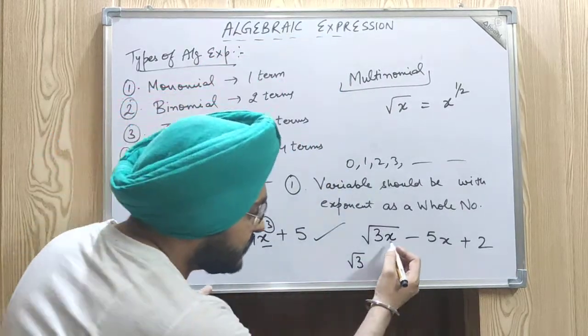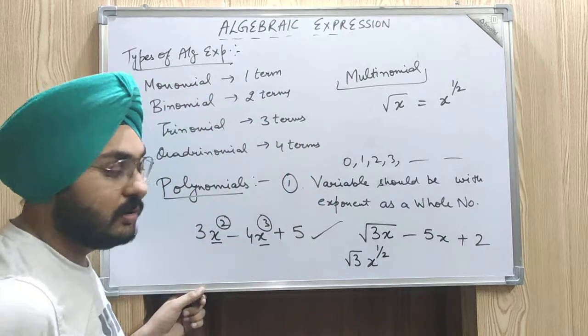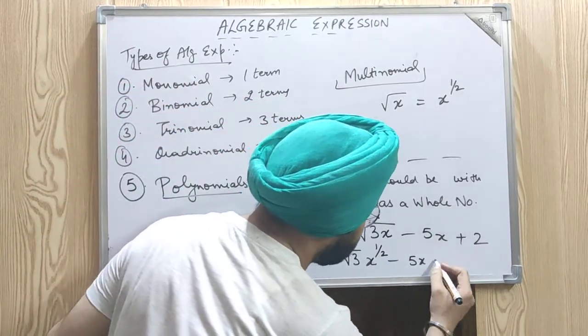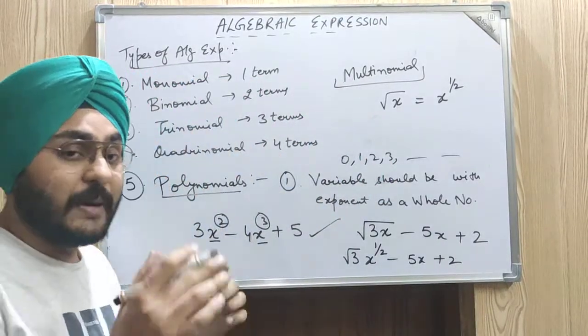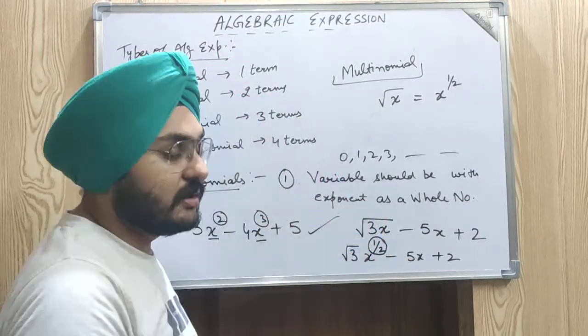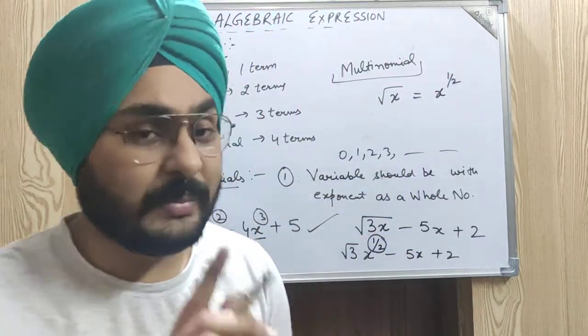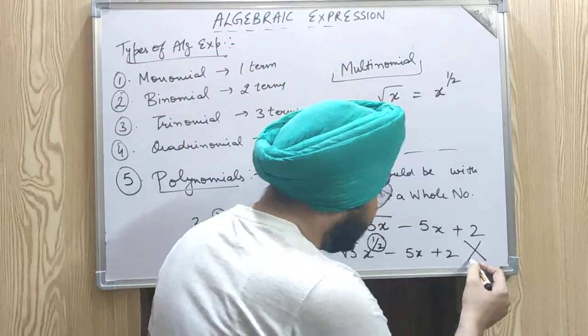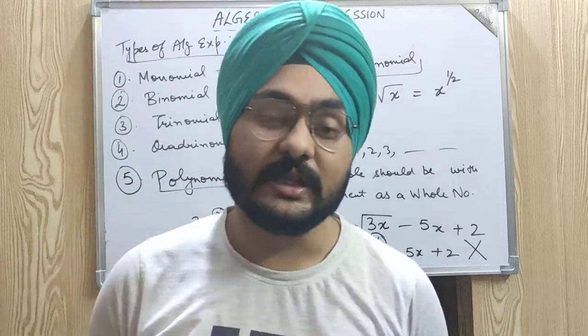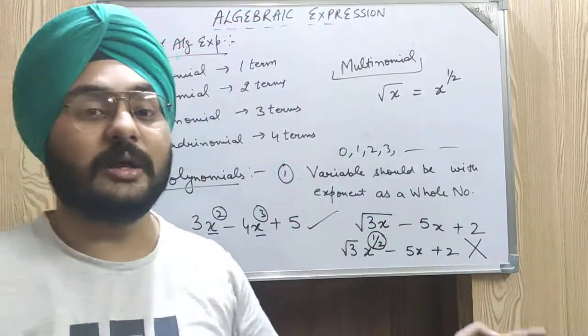So instead of the square root of x, I write x raised to power 1 by 2, minus 5x plus 2. Now see the power of the variable: it is 1 by 2. Is 1 by 2 a whole number? No, it is not. So I'll say this is not a polynomial. In this way, you can easily identify whether the given expression is a polynomial or not.